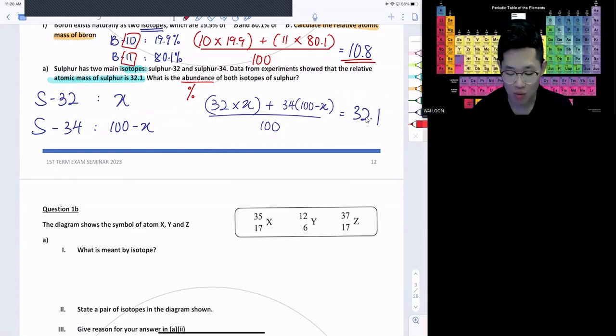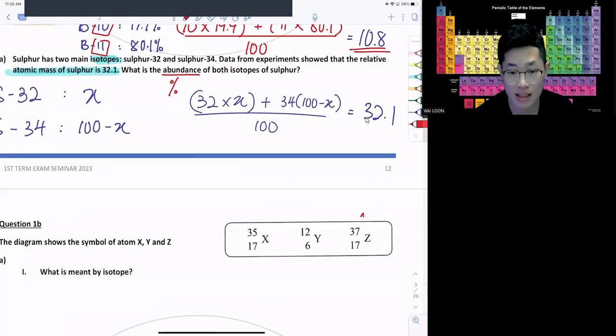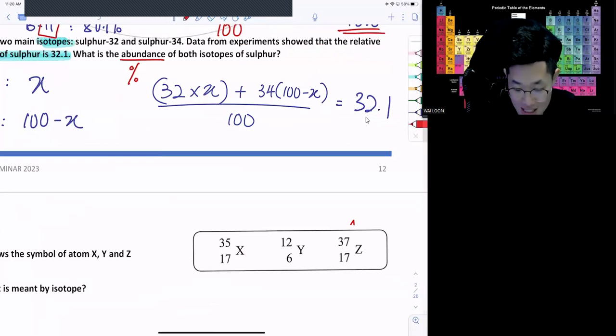So if we press our calculator, it will be something like this. I write the full workings just in case anyone of you cannot get the answer.